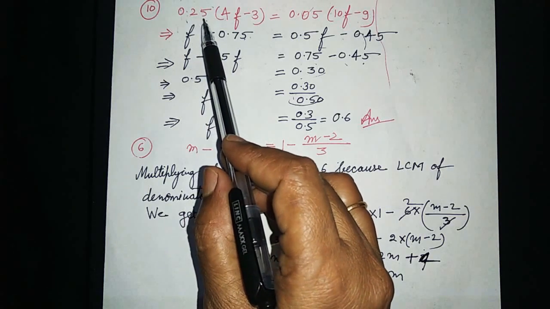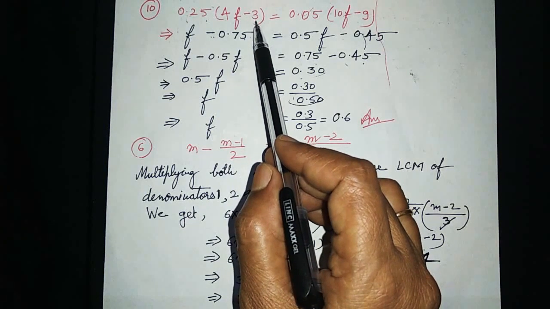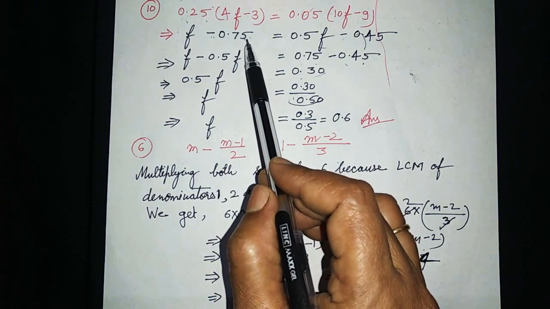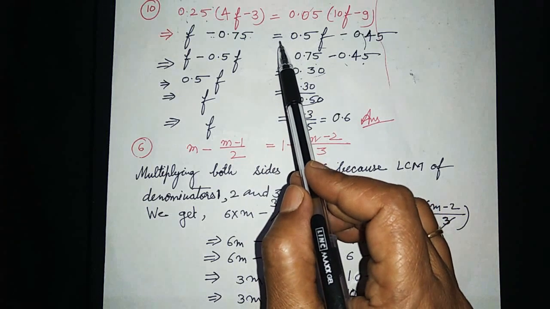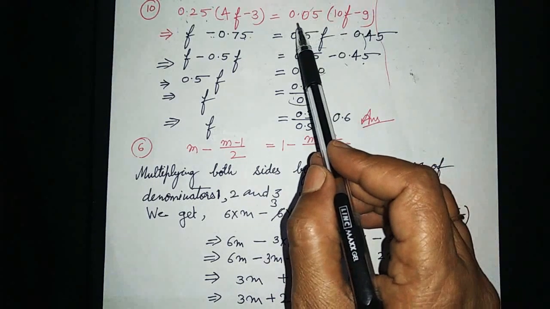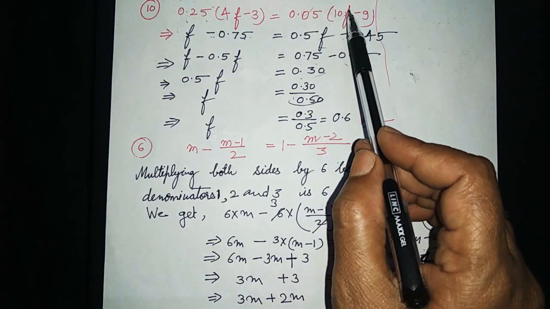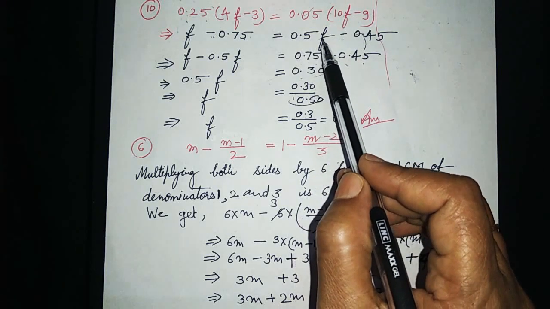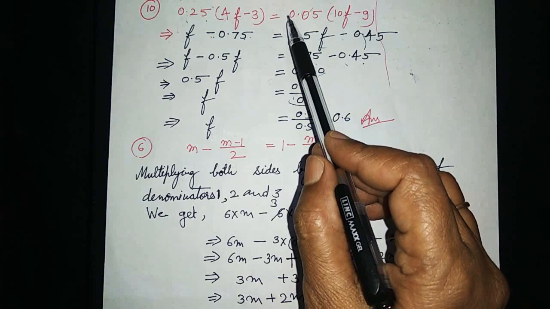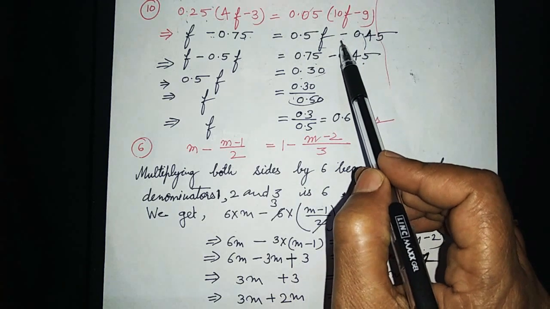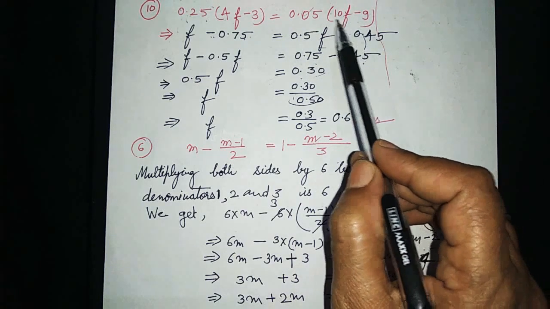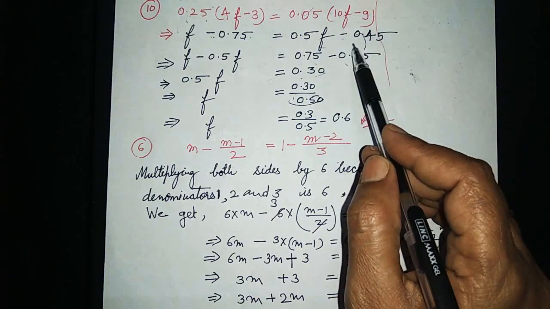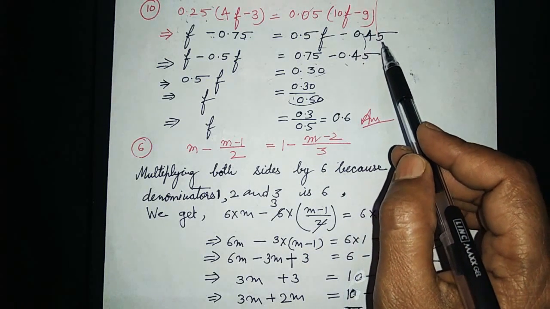Here 0.25 we will multiply with this minus 3. We will get minus 0.75 is equal to, on the right hand side 0.05 we will multiply by 10f, then 0.5f will come. After that plus and minus, when we multiply we get minus, and then 0.05 into 9 we will do, then 0.45 will come.